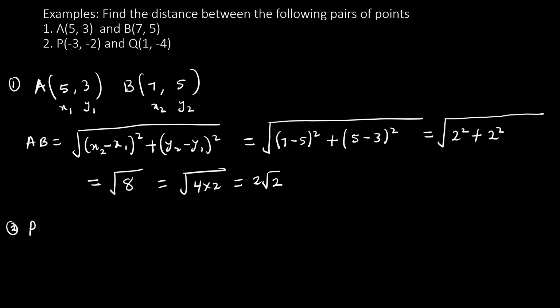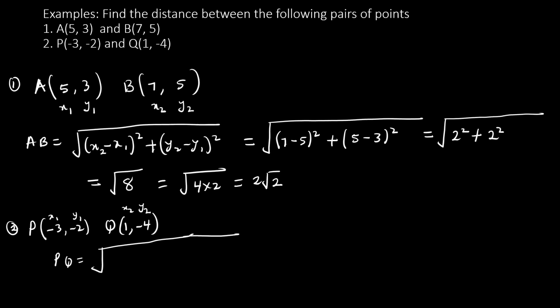The second question, we have point P with the coordinate -3, -2, and point Q with the coordinate 1, -4. As always, this is our x1, y1, x2, and y2. To apply the formula, we have the distance PQ equal to, I'm not going to write out the formula again, the square root of x2, which is 1 minus -3, that's going to be plus 3, and y2, which is -4 minus -2, that is -2, squared.